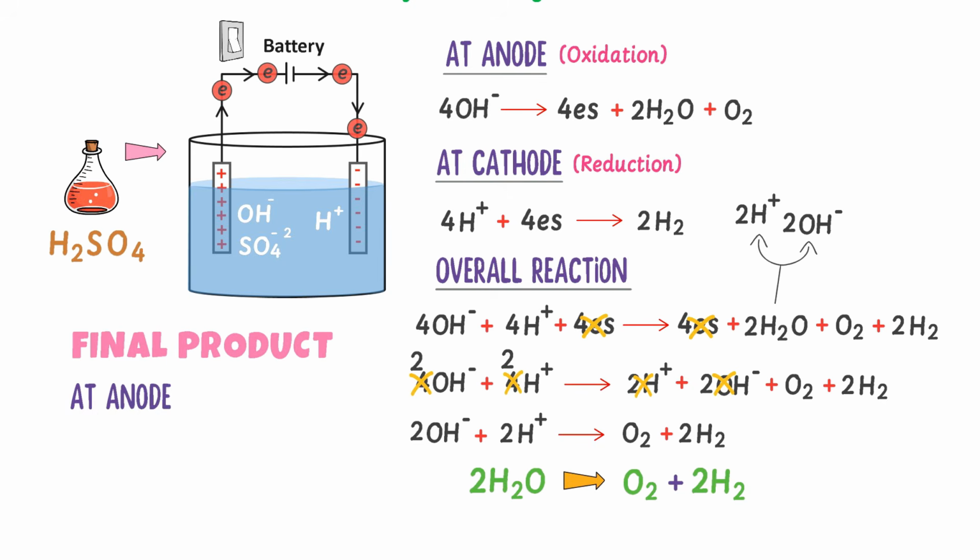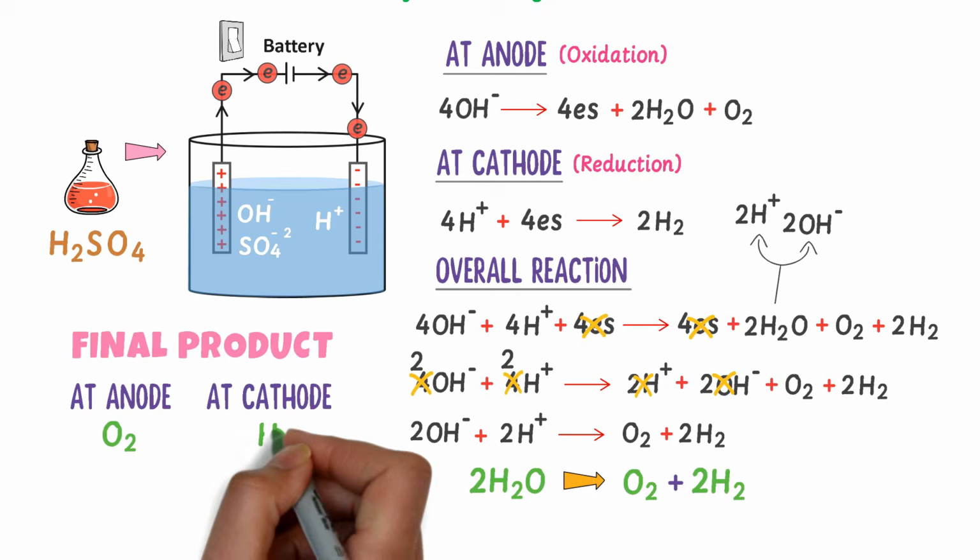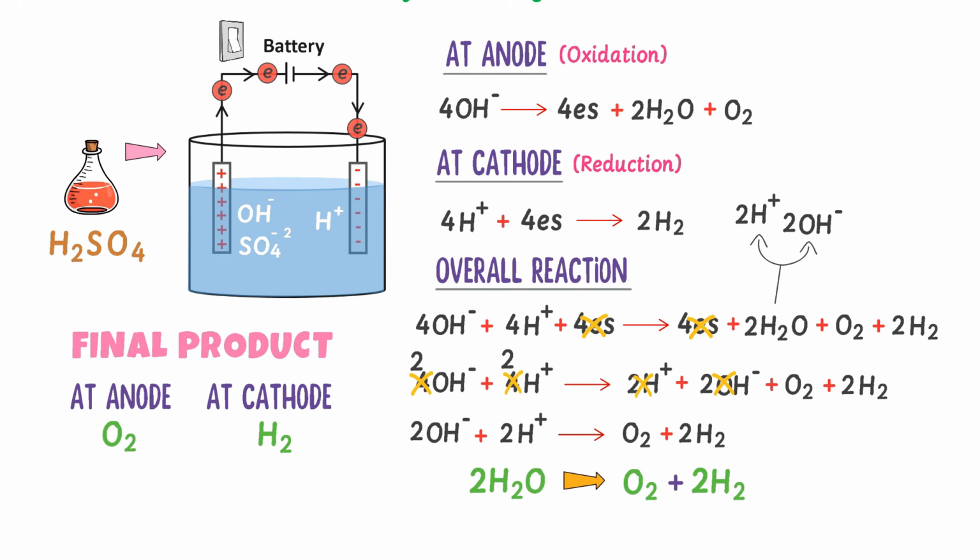Well, at anode, we collect oxygen gas and at cathode, we collect hydrogen gas. Thus, we have successfully broken down 2 molecules of water to produce oxygen gas and hydrogen gas by the help of electrolysis. I hope that you have learned all about the electrolysis of water.